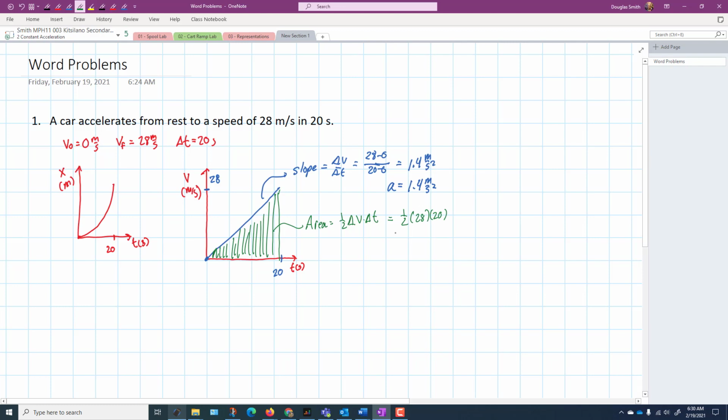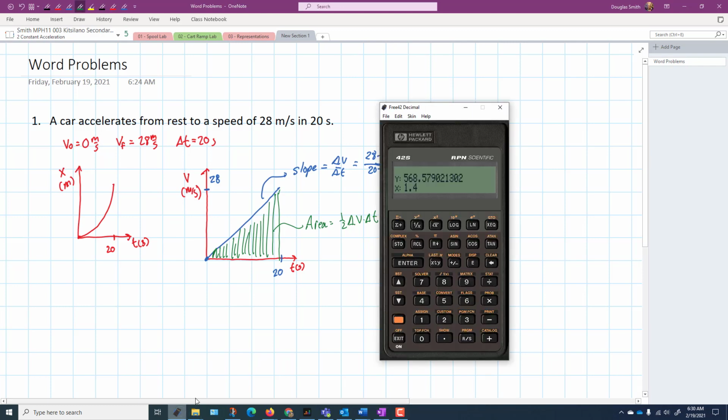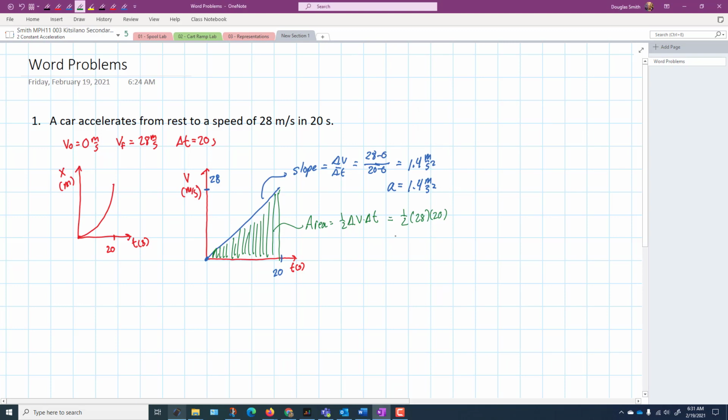Half of that would be 280, but just to be sure. Well, I know that as well. 280. So that is 280 meters, and that is the displacement. So we got a couple things. We got displacement. I think we kind of know everything, but I want you to do 3 different graphs.